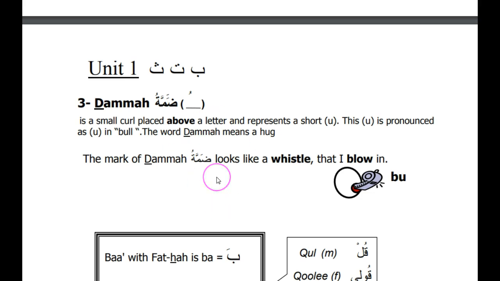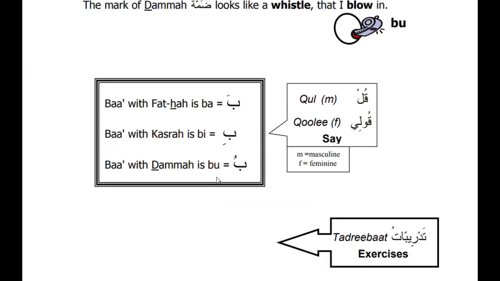Okay, so let's see here. Qul. Qul means say. And if I'm saying it to a woman, I say quli, say. So we will read. Ba with fatha is ba. Ba with kasra is bi.